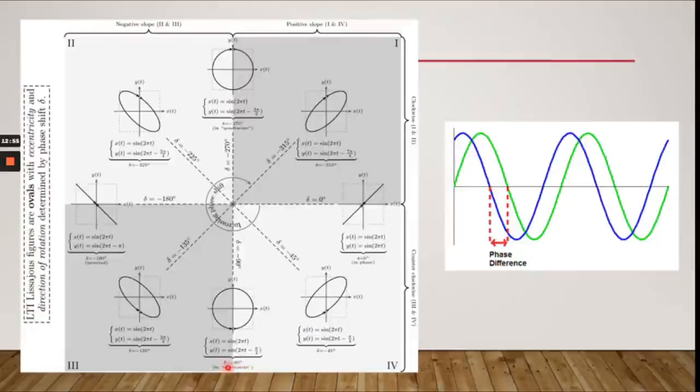When the phase difference is 90 degrees, we are going to see a full circle, a perfect circle, and similarly at 270 degrees or negative 270 degrees, you're going to see a full circle again, and in between you're going to see shapes like this. So when you see this kind of shapes, you already know in general what is the expected phase difference between the two signals.